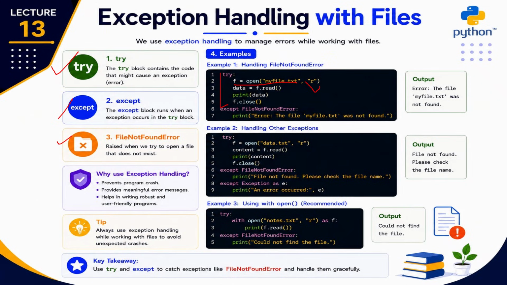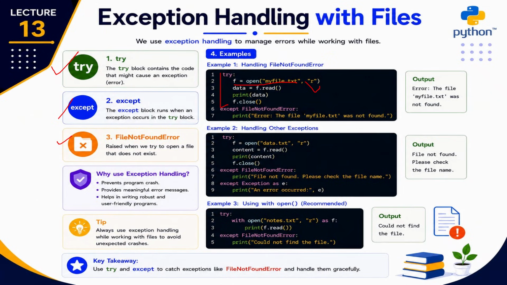For example, if you are opening a text file and you are reading it, and the file does not exist, Python will give a FileNotFoundError. Simply, if you want to open a file that is not present, Python will give a FileNotFoundError.